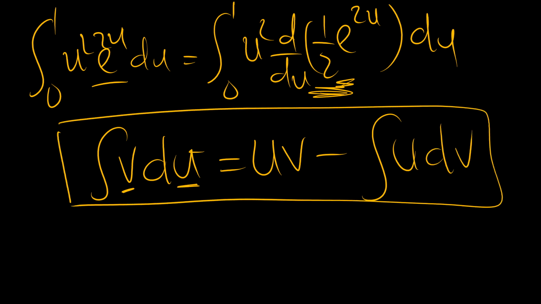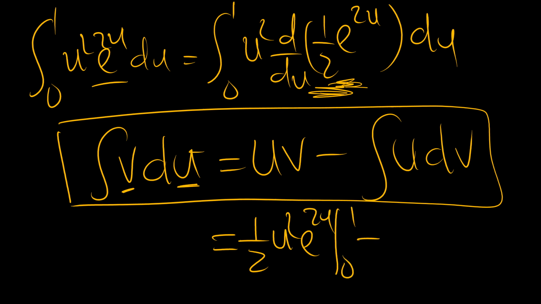So, if we consider u to be half e to the power 2u, then it means this integral of ours becomes a half u squared e to the power 2u from 0 to 1 minus, the derivative of v is u squared, so when you differentiate that we get 2u, so 2 times a half we get 1, so we have the integral of u e to the power 2u du from 0 to 1.